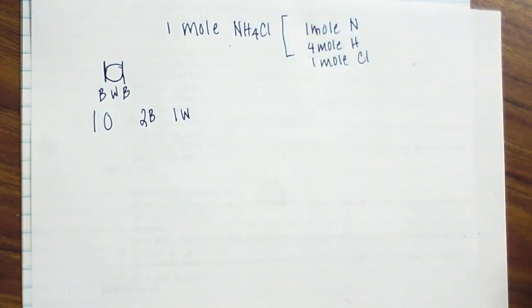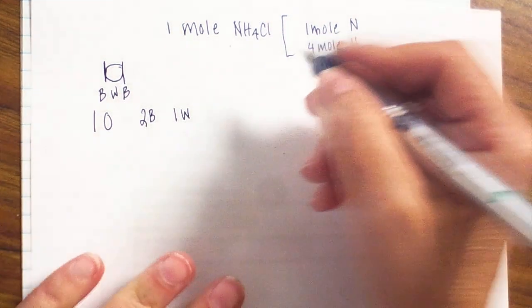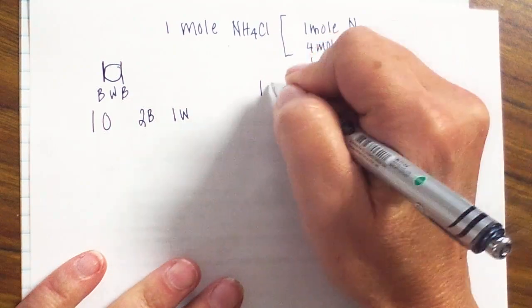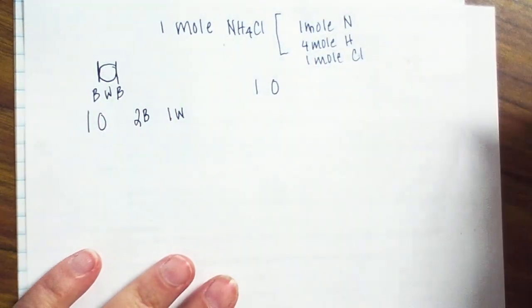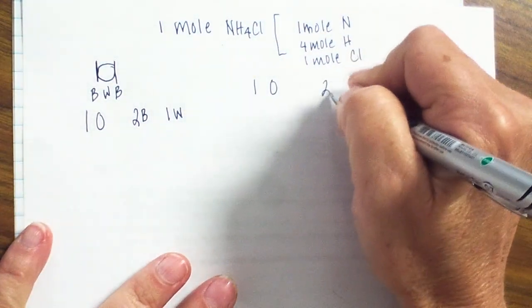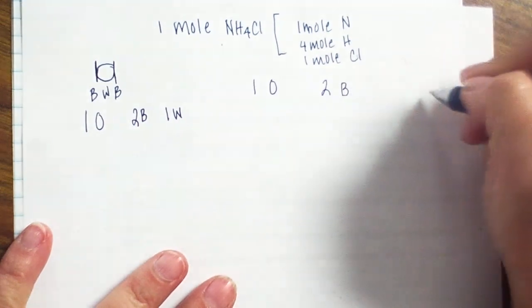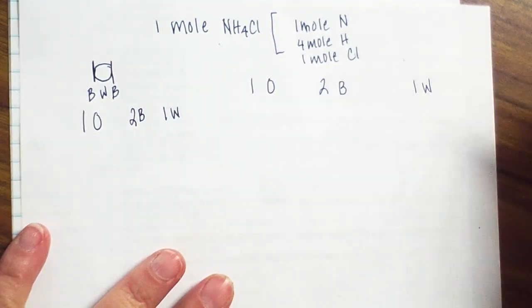Everybody all right? That's basically the formula. So if I have 1 Oreo, I need 2 black wafers and 1 white creamy filling.